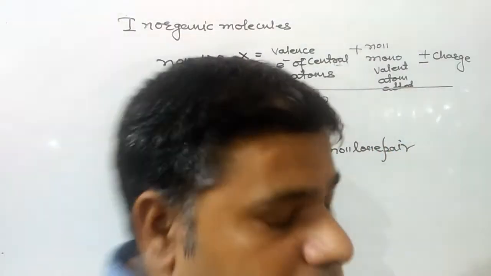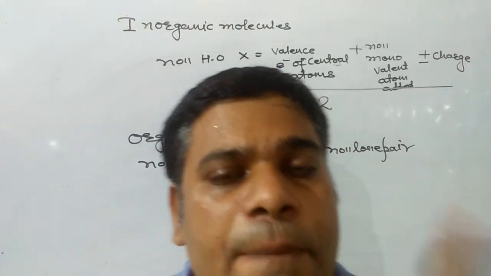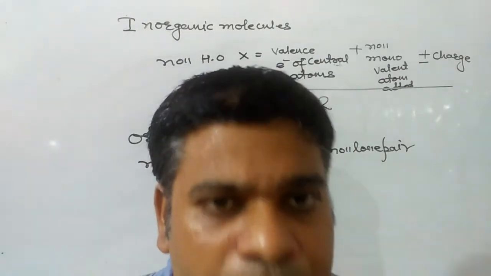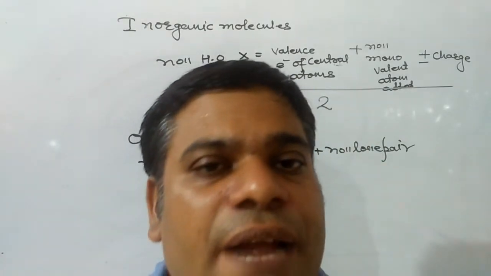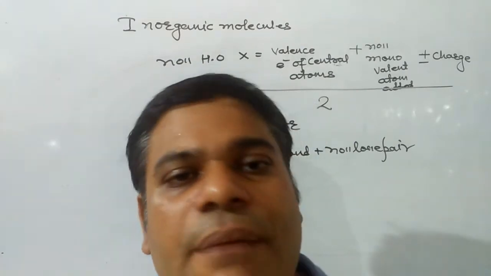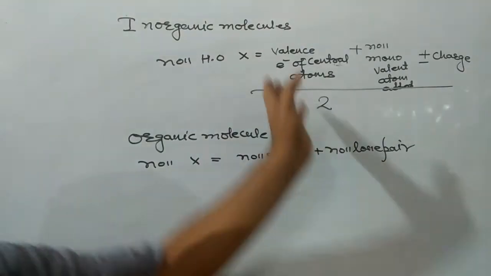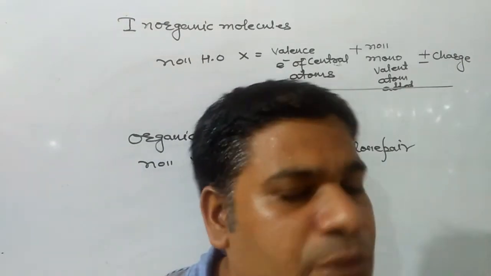Always keep in mind, a pi bond is always formed by unhybridized orbitals, while a sigma bond is formed by hybridized orbitals, and lone pairs also remain in the hybridized orbitals. So these two formulas are enough to find the hybridization for any molecule.